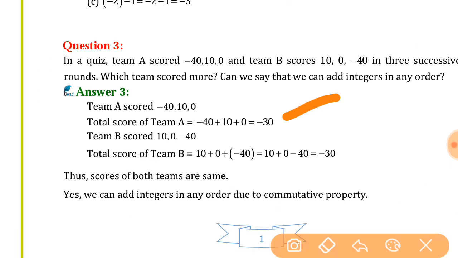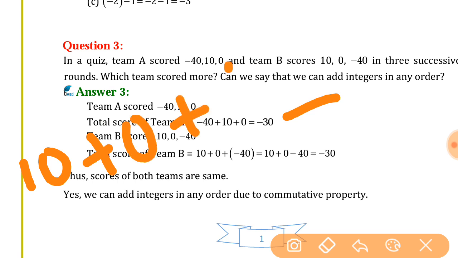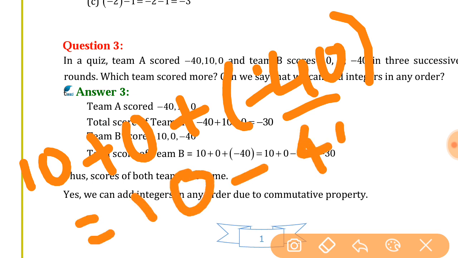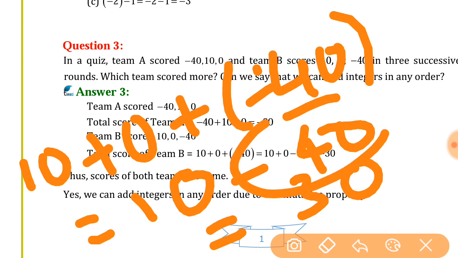Then team B scores 10, 0, minus 40. So 10 plus 0 plus minus 40. 10 plus 0 is 10, plus minus 40. One is plus, one is minus, so 40 minus 10 is 30. The bigger numeral is 40 and its sign is minus, so minus 30 is the answer.